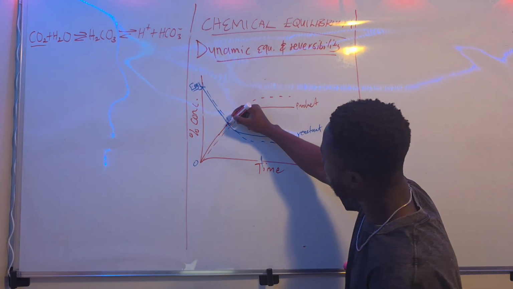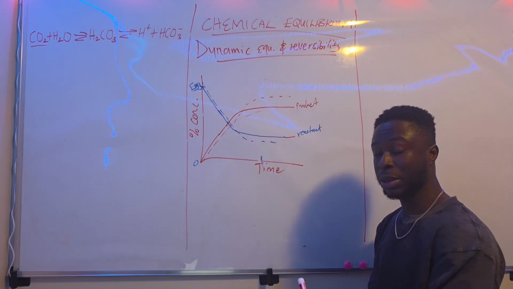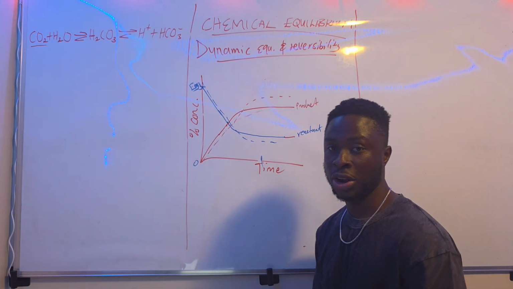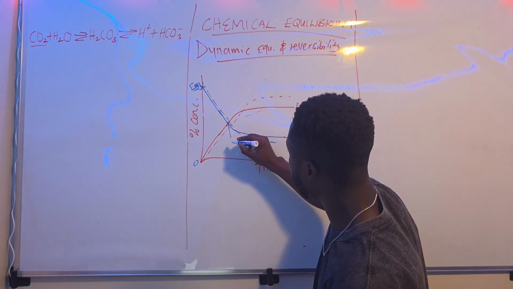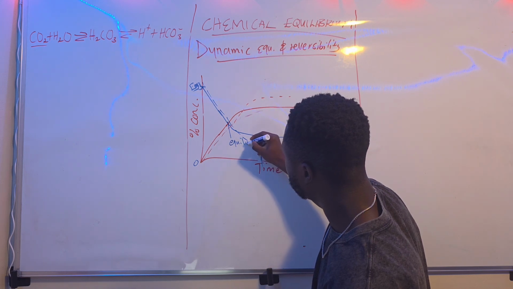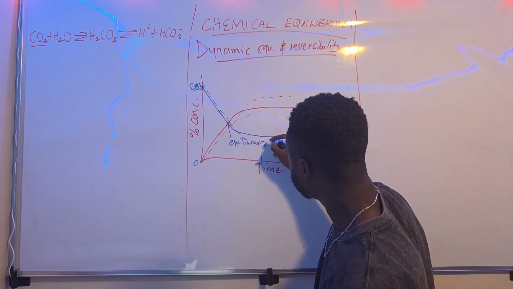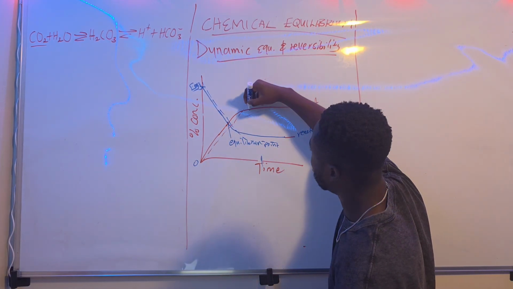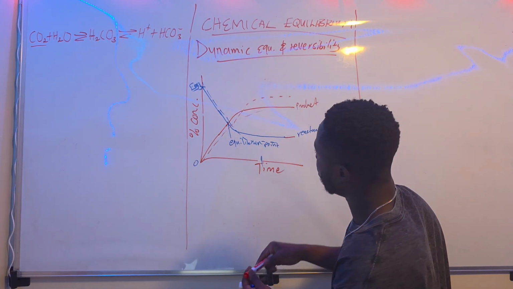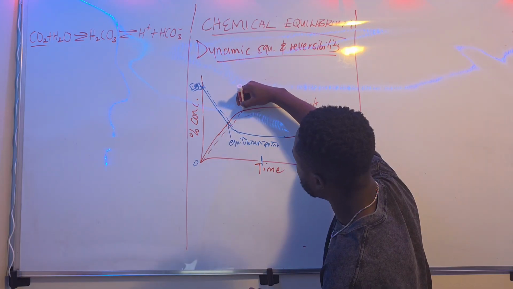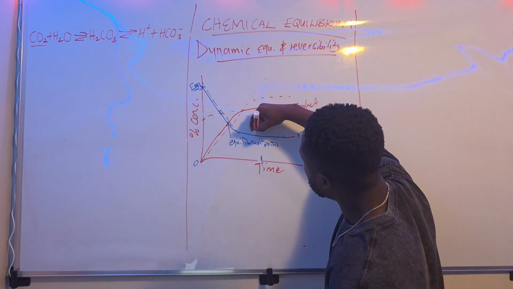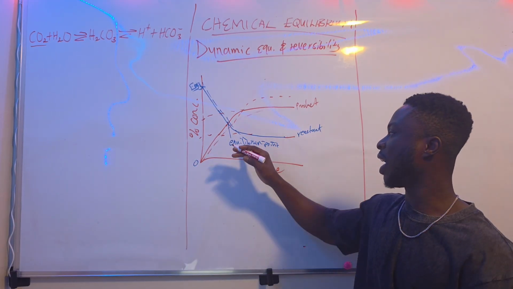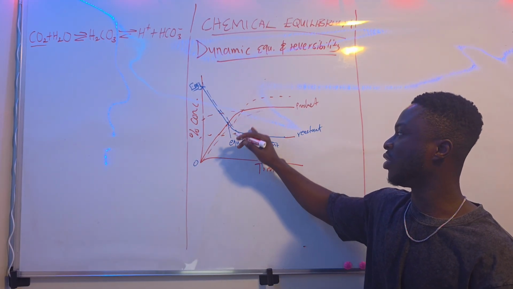And the point of intersection between the reactants and the product is what we call the equilibrium point or equivalent point. Over here is what we call the equilibrium point. Now, when the system attains this dynamic equilibrium, it does not necessarily mean that the concentration of the reactants is equal to the concentration of the product.